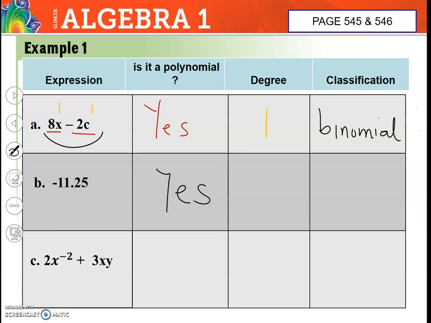And the degree, since there is no variable attached to it, it means the variable attached to it has an exponent of 0, and in that case we say the degree is 0, because any variable with exponent 0 is 1, so our degree is 0. Now our classification, since it is one expression, we call it a monomial.